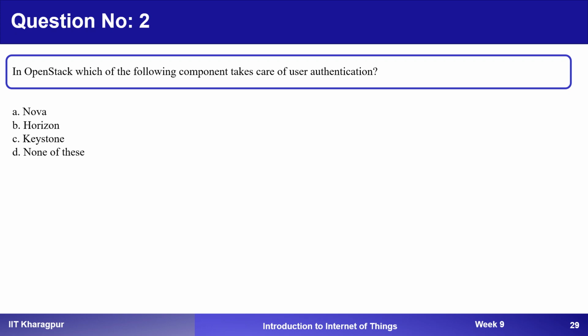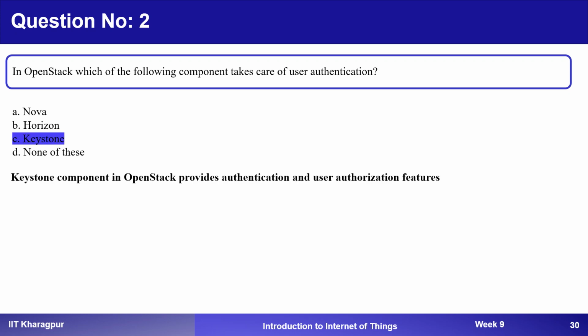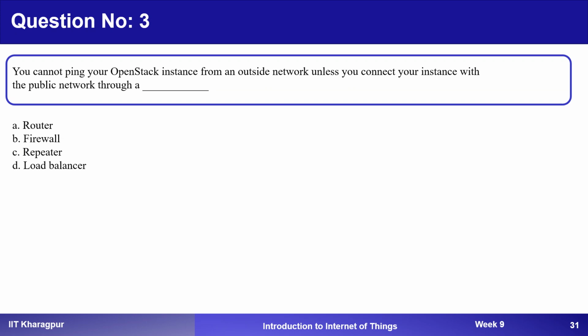Keystone. Next slide. Keystone is responsible for providing authentication and user authorization. However, Horizon is the dashboard, which provides access to the different components of OpenStack.